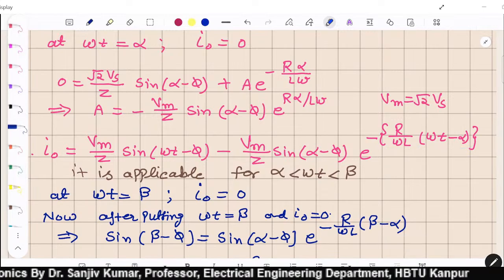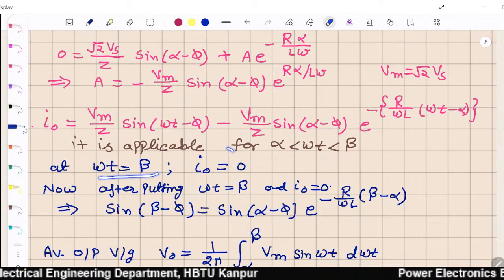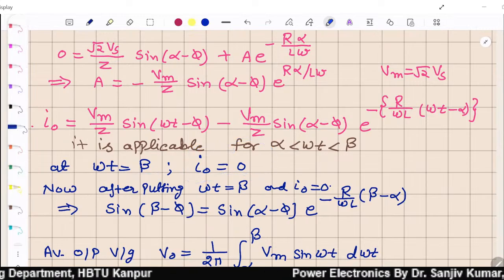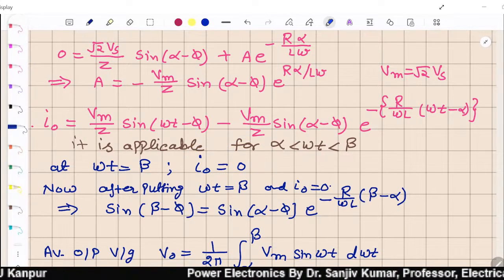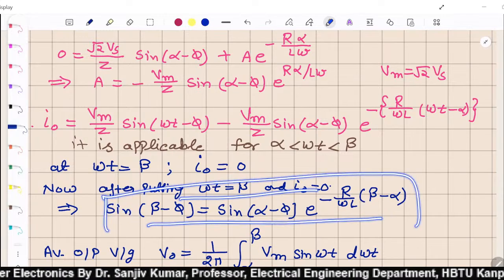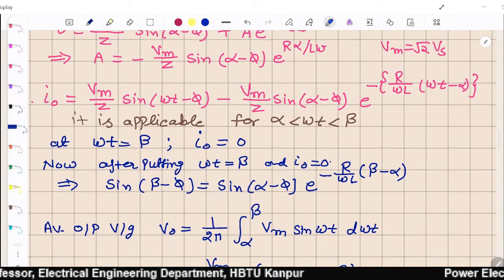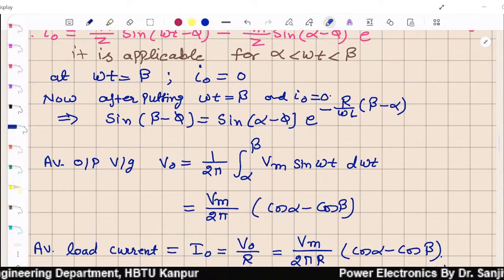Right? Now if we put omega t equal to beta, i0 comes out to be 0. So after putting this, we get sine of beta minus phi is equal to sine of alpha minus phi times e to the power minus R by omega L times beta minus alpha. This is a transcendental equation.